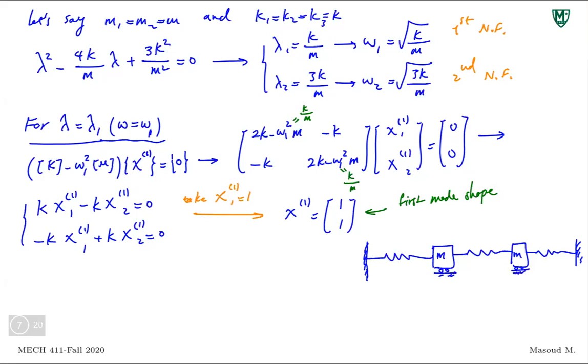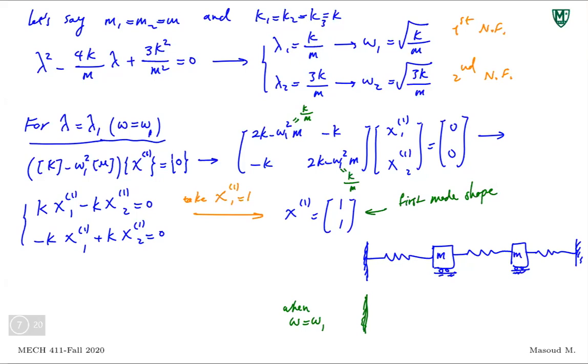Now, if this system oscillates at its first natural frequency, when omega is equal to omega 1, the response of the system, we know, is in harmonic form, sine of omega t minus phi. What does this mode shape tell us? It says x1,1 is 1 and x1,2 is 1.